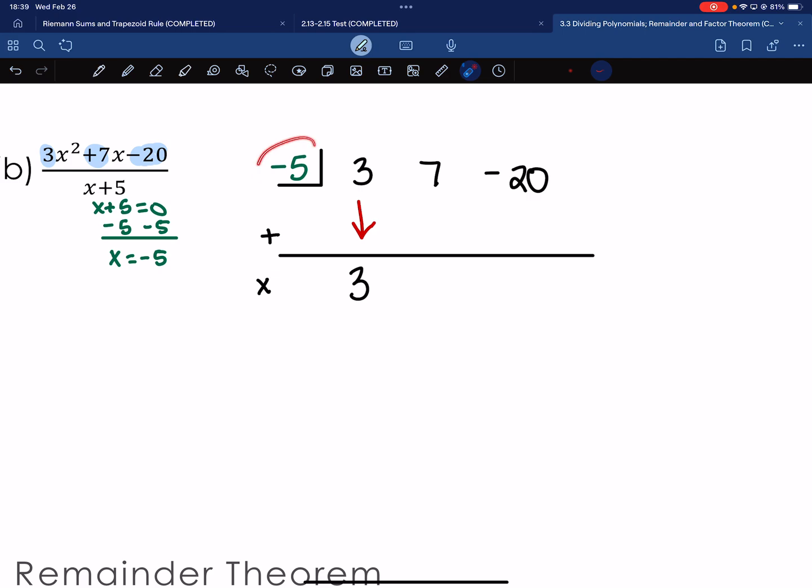First term always gets dropped down. We multiply -5 times 3, -15, and it goes diagonally. Now you add. 7 plus -15 is -8. It's below, so now we're going to take -5 times -8. That answer goes over here. That's positive 40. And then you add down, -20 plus 40, and that's a positive 20.